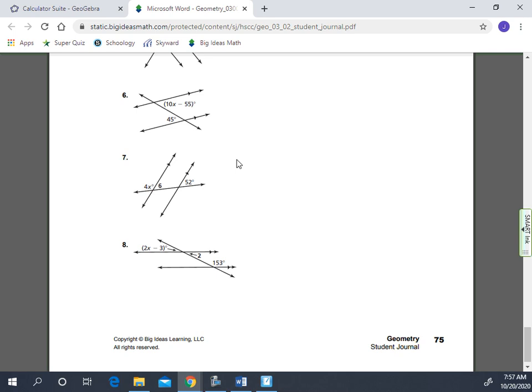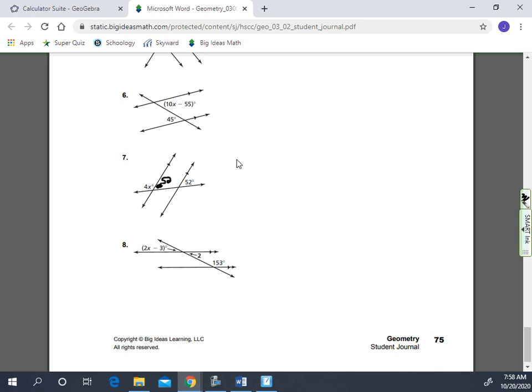Okay, let's just go off this 52 and the 4x. Okay, those are not consecutive. They're not alternate exterior. They're not corresponding angles. So this 6, I'm actually going to cross this out. This is a corresponding angle. Okay, this should be 52 degrees.